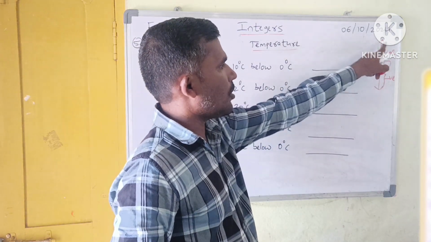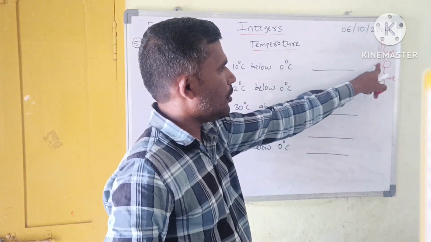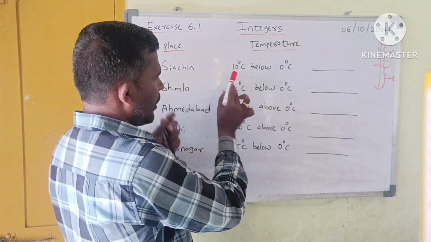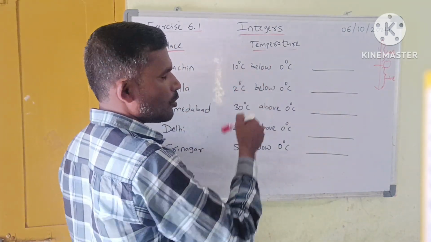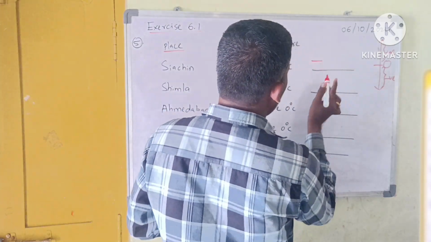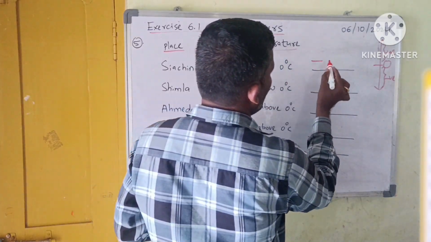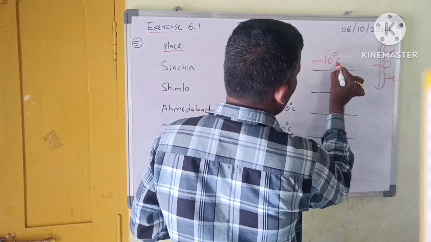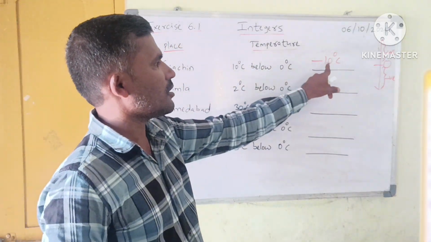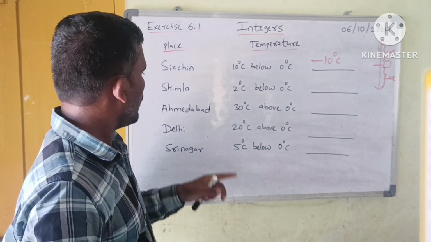Siachen is 10 degrees centigrade below 0 degrees. Below means minus, so how much do we take? 10 degrees centigrade. That is, we have minus 10 degrees centigrade.